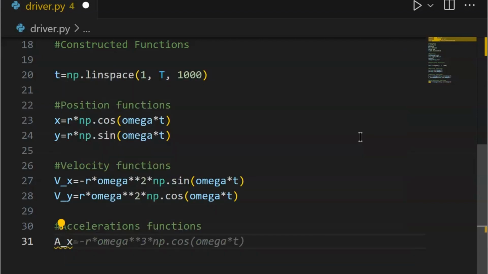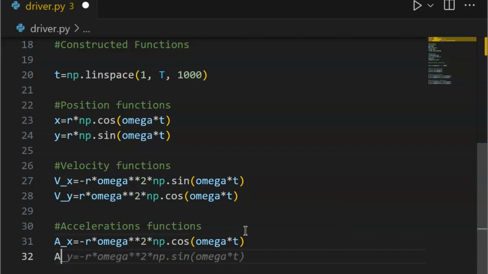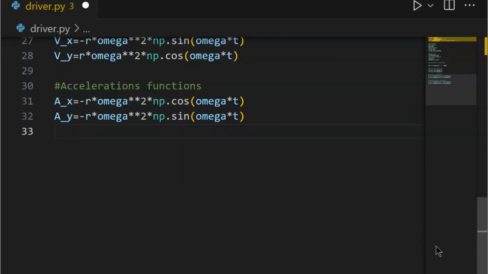Alright, so acceleration in the x direction is equal to negative r omega times omega square, not cube, square, times np.cos(omega times t), and acceleration in the y direction is equal to negative r omega square times np.sin(omega times t). Yeah, perfect. I'm just going to save this again.